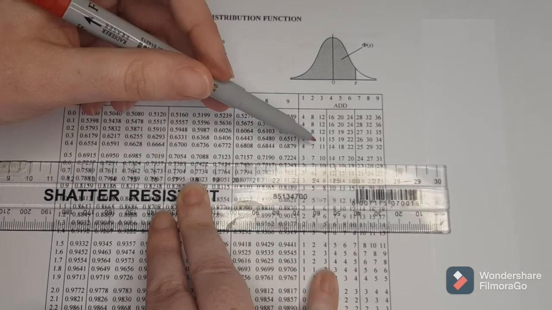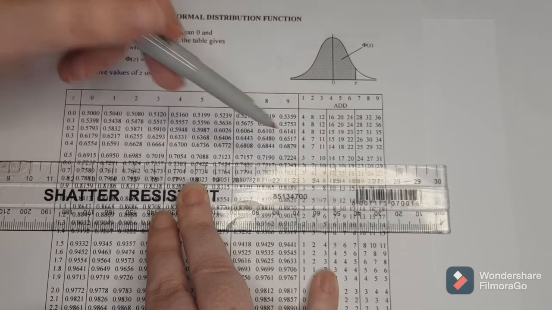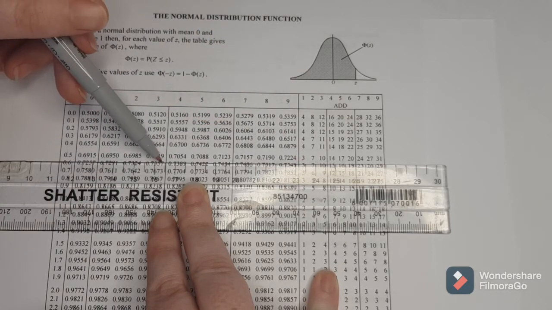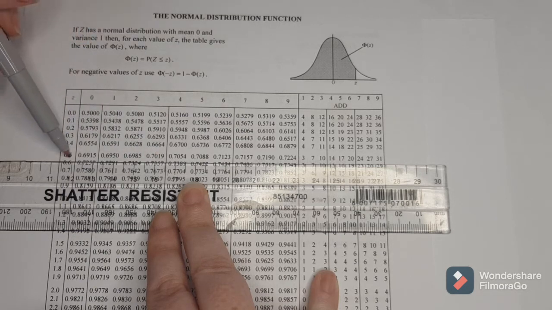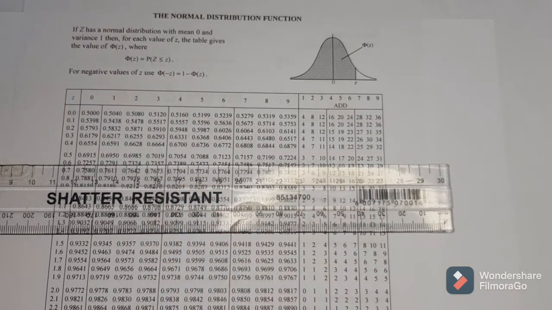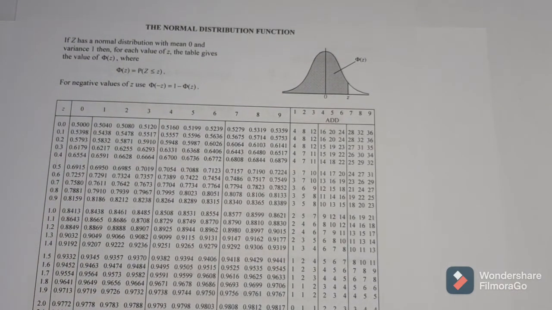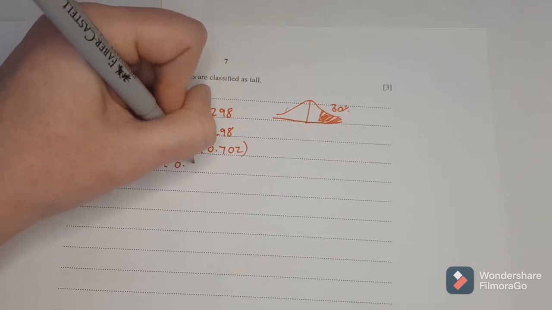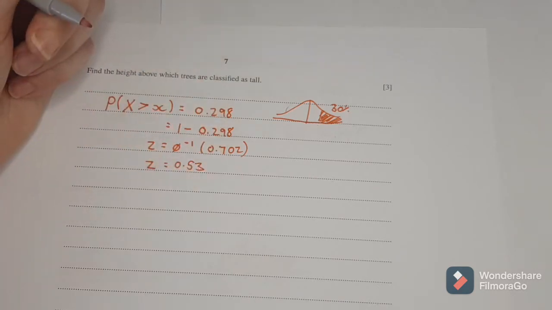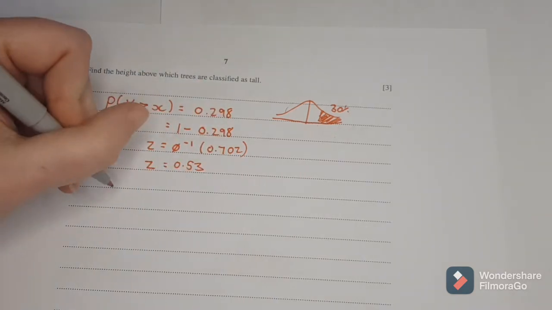Okay, if I looked on this side, the smallest number I can add is 3, so then I would be too high. So this is the closest value I can get, which is 0.53. So my z value is 0.53. Okay, so now I have the z.